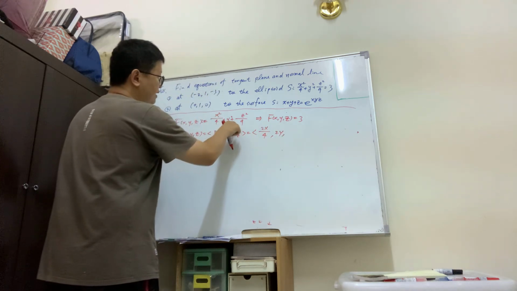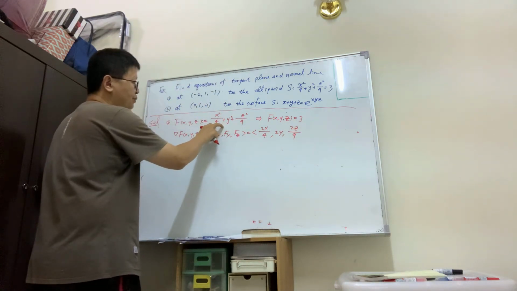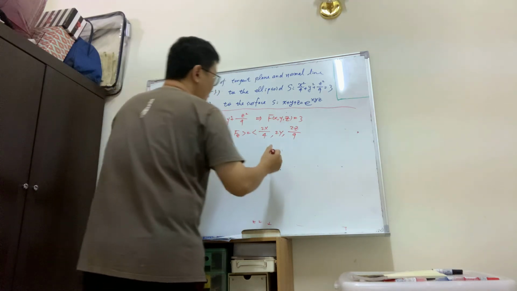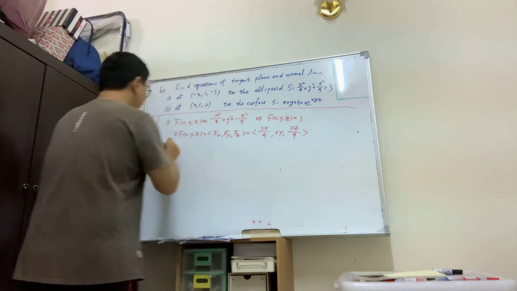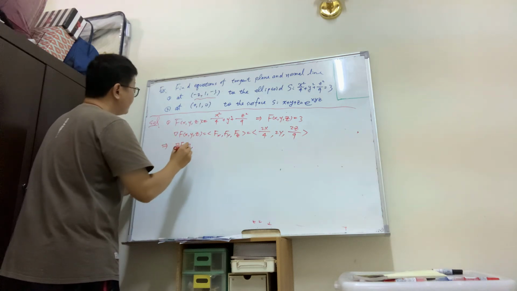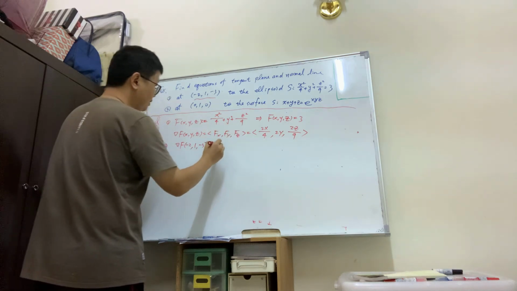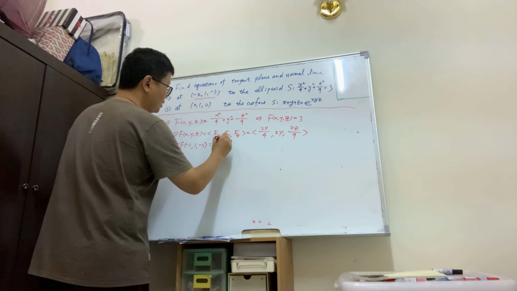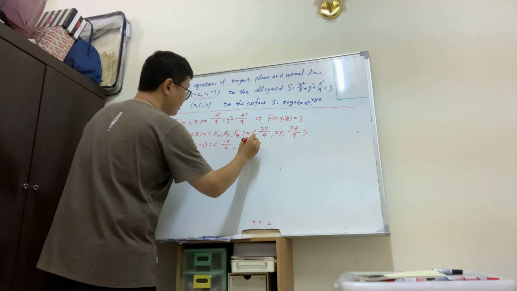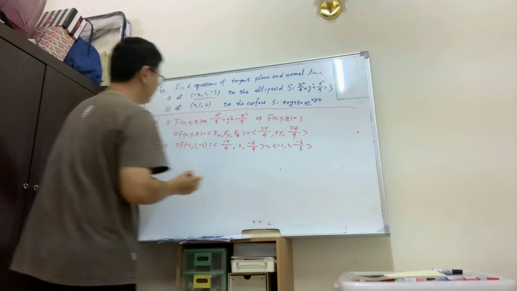And the third term's derivative is 2g over 9. The reason is that the other two terms are 0 when we consider this one. Okay, so you get this one. And we consider this point, negative 2, 1, negative 3. So it's negative 2 times 2 over 4, which is negative 1, then 2, and 2 times negative 3 over 9, negative 2 over 3.